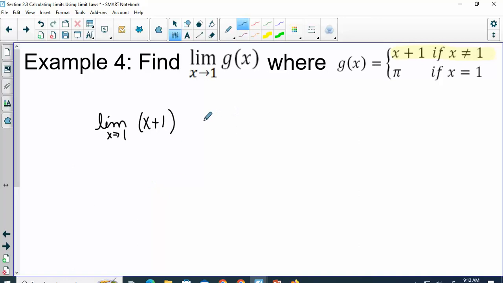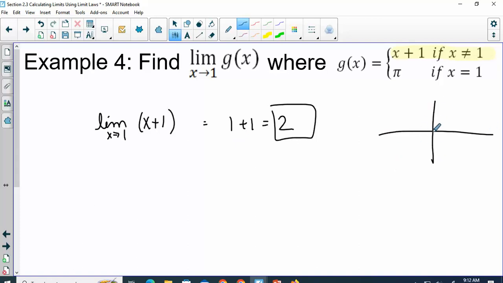So what's this limit equal to? And you notice the step where my limit goes away is when I plug in that number. That's when the limit disappears. Yeah, because it's just a point. If you graph this, x plus 1, that's a line, y-intercept of 1, slope 1.